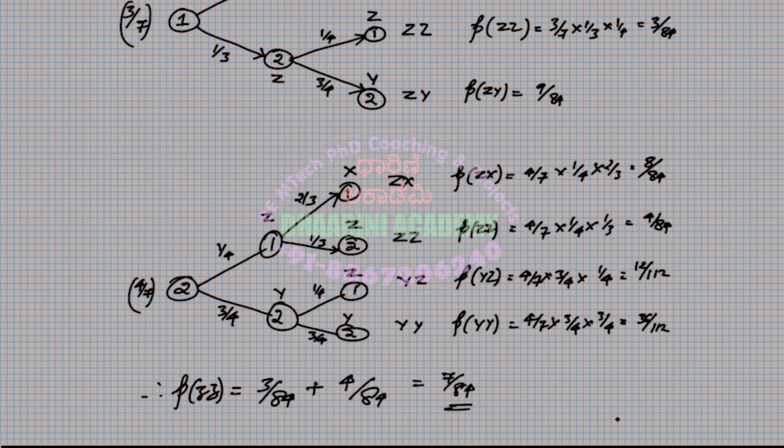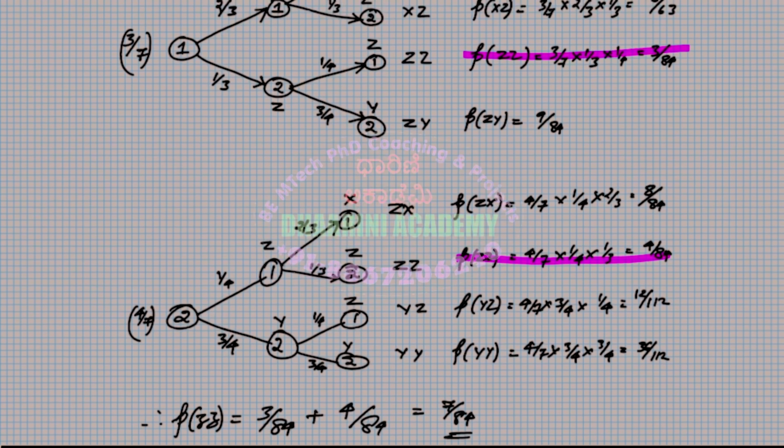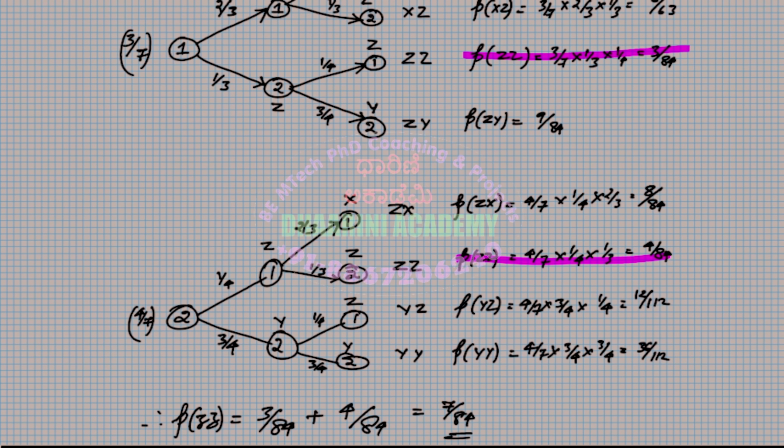Anyway, you can see that P of ZZ here as well as here is the same thing. So only ZZ is repeated in both the cases. All the others are not repeated. Yes, different. You need to add, right? ZZ comes in both the cases.